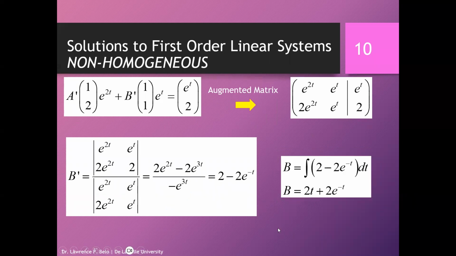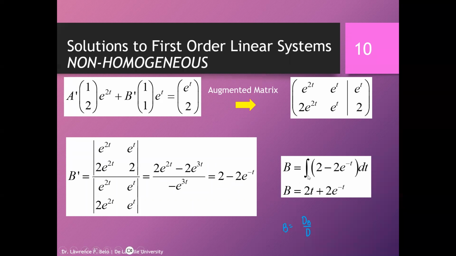So, here, basically, in order to solve for B, it's the determinant with B replaced over the original determinant. The original is this one.